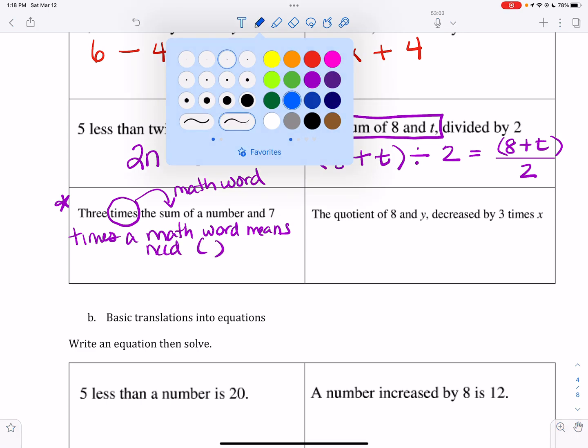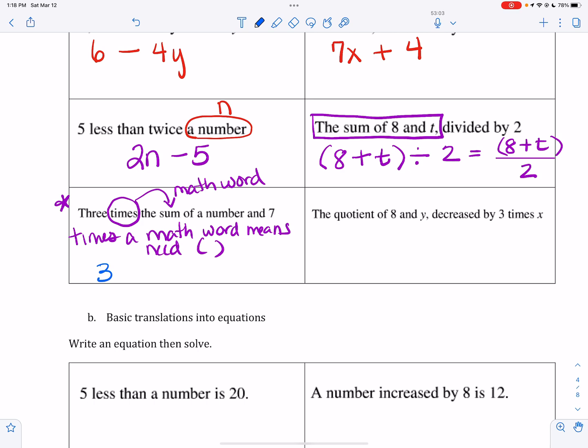So we're going to write it like this: 3 times the sum, and the sum is between some number and 7. Now, the problem with this is that they're going to want the simplified answer. So you have to be able to write the translation before you can simplify it. And so then you're going to distribute, and you're going to get 3n plus 21.